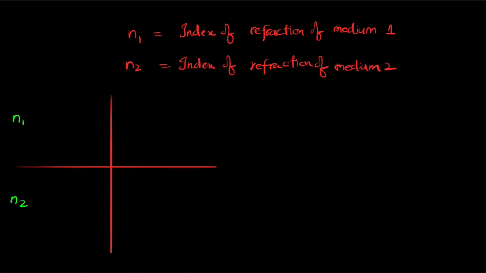If the light wave is coming in, the way it bends depends on what the values of N1 and N2 are. If N1 is less than N2, then the light wave bends towards the normal.